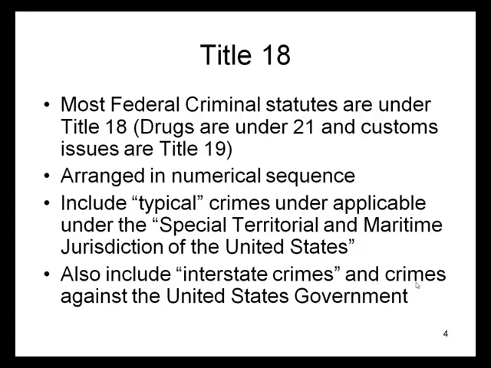Most notably in Title 21 are all the drug offenses, and all the customs offenses are in Title 19. They're obviously arranged in numerical sequence, but they're not necessarily logical because it's been edited and changed and updated and amended over the years. So you pretty much have to look it up by topic and by statute number rather than trying to just go through the table of contents.